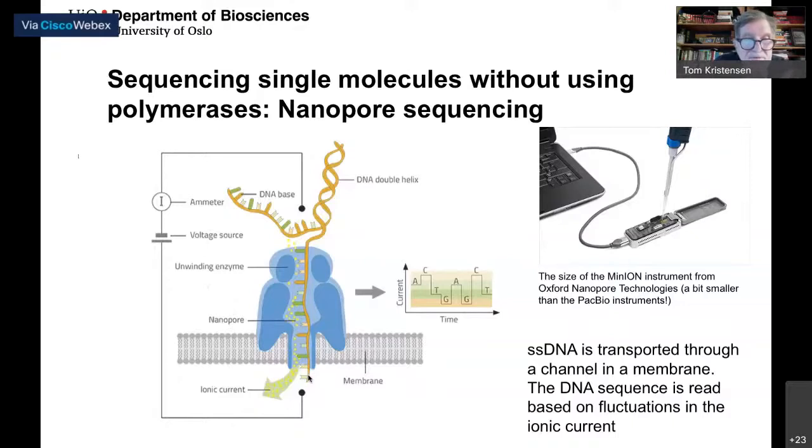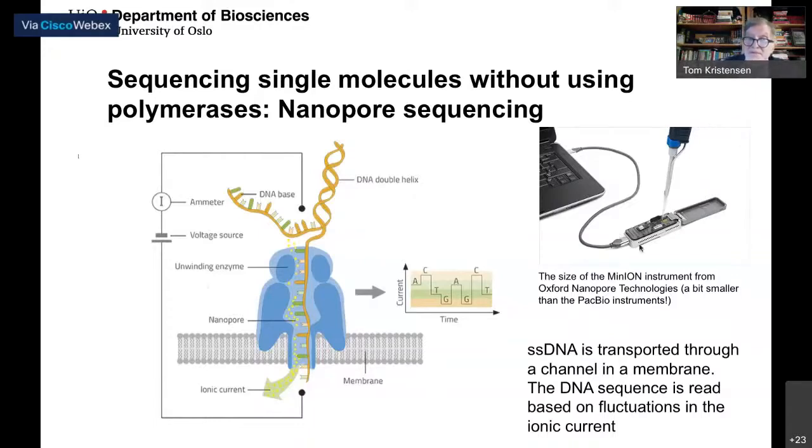If we look at the actual instrument, it has some different implementations, but the typical Oxford Nanopore instrument is shown here. If you compare the size of this one to the size of a factory used to sequence part of the human genome, and if you compare it to the Parkview instruments, it's incredibly much smaller.